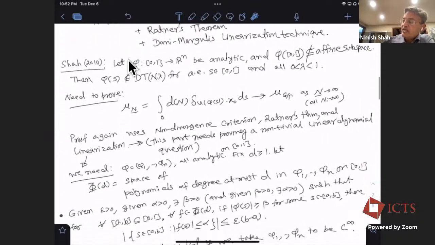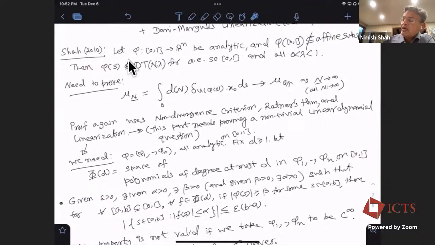But what we prove here is that even if you take a curve, as long as it is very curvy, it behaves in a very generic manner, in the sense that phi of s is also not in Dt and lambda for every lambda less than 1.